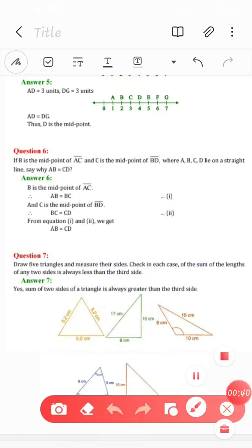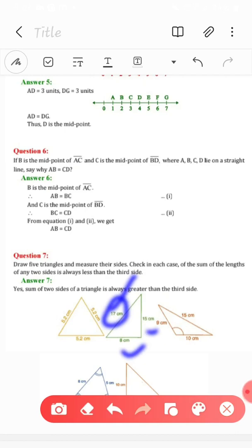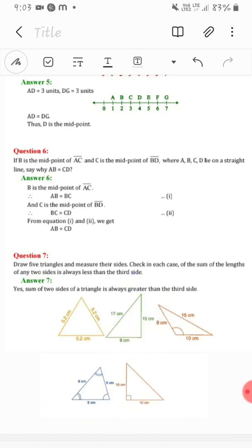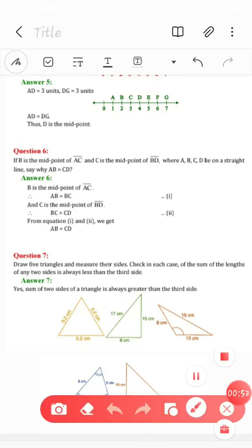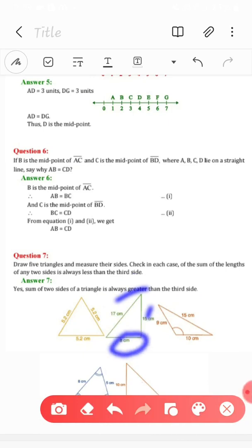Again, we can take here 7 cm, 15 cm and 8. Any two you add, suppose 7 and 8 you add or 15 and 8 you add, whatever you add, the sum of any two of the line segments will be more than the third side. Yes, here also 10, 15, 9.